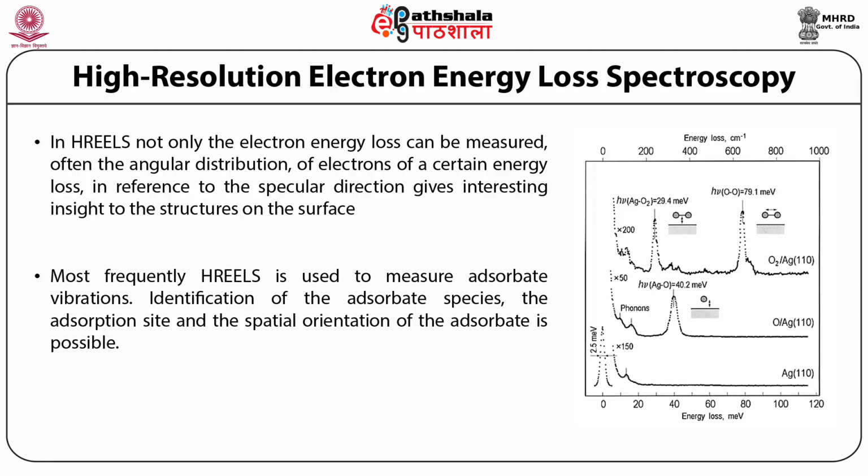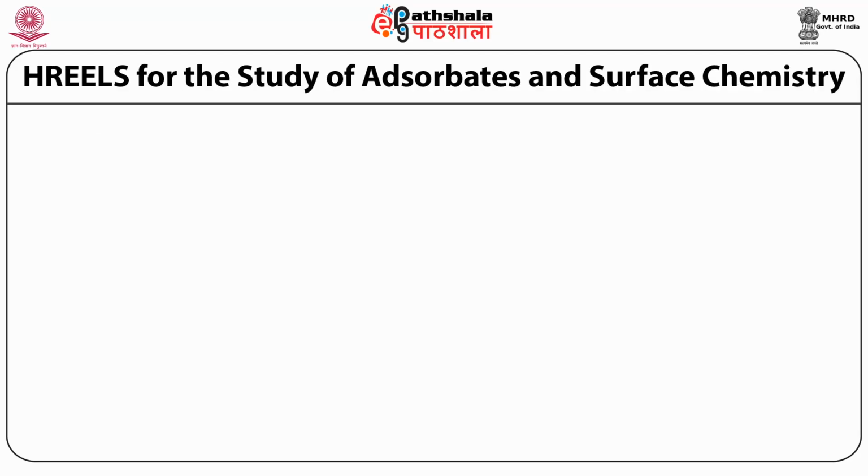Here we have shown the one on silver with 110 plane. HREELS for the study of adsorbate and surface chemistry. What way various adsorbates are adsorbed on the surface is the subject matter of this slide. The various adsorbates would cover the surface and analysis can be carried out with the help of this spectroscopy.